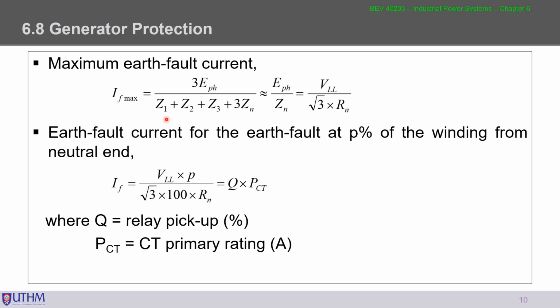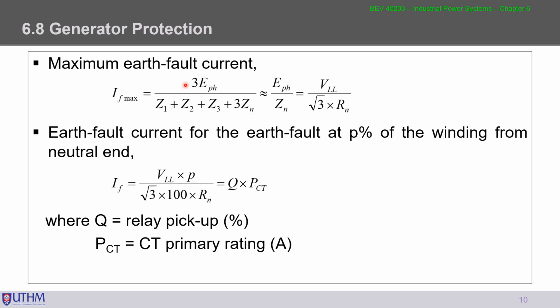The impedance of the phase is very small, so we neglect it, and we have 3 E phase divided by 3 Zn.